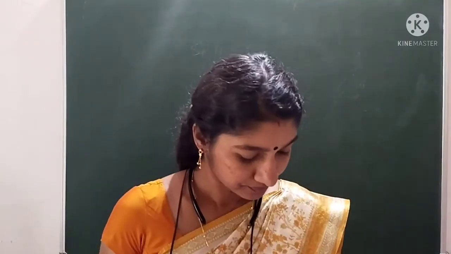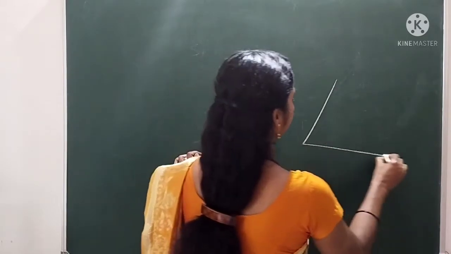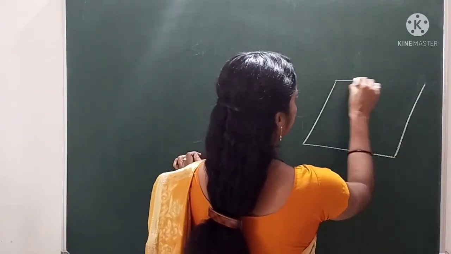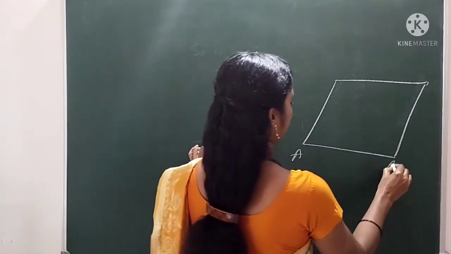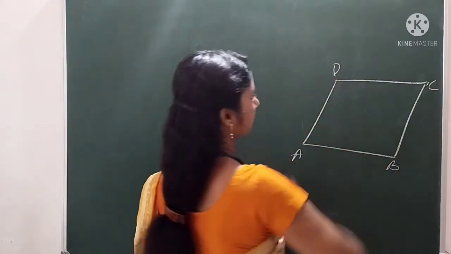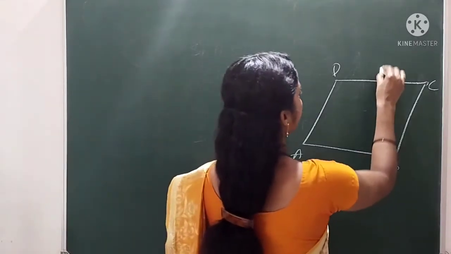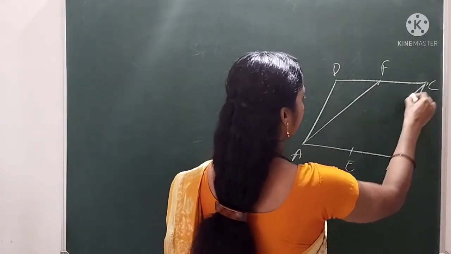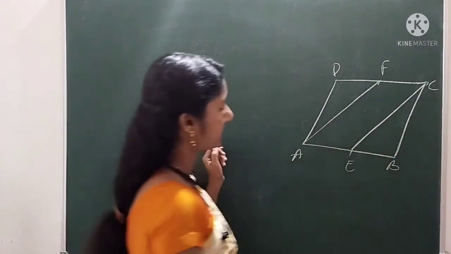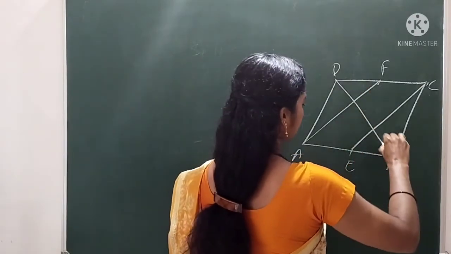The next one: it's given one parallelogram ABCD. F and E are given midpoints. AF is joined and CE is joined. BD is joined.